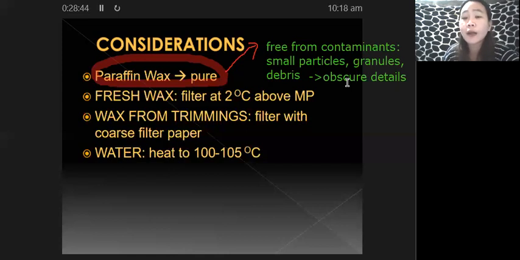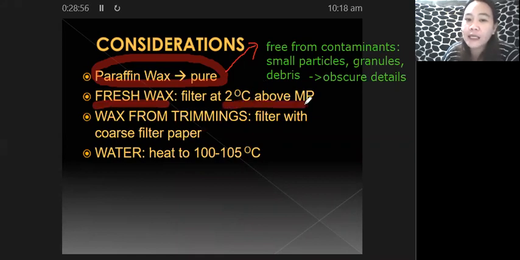In order to do this, if you are using fresh wax, you have to filter it at 2 degrees Celsius above the melting point prior to use. Again, part of your QFR, di ba, how many times can you use your wax? You can use it twice. That means reused wax, such as those that come from trimmings.